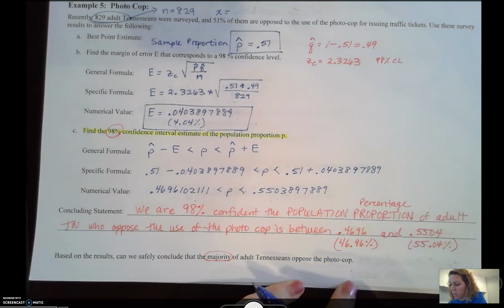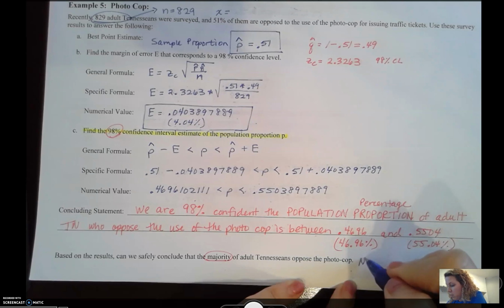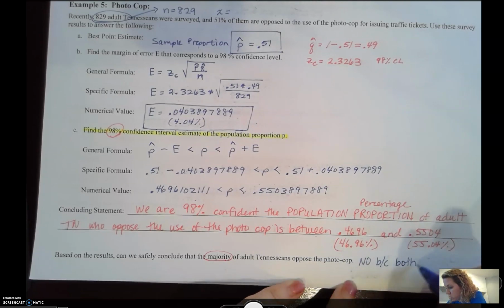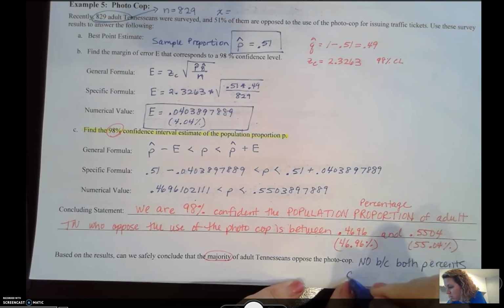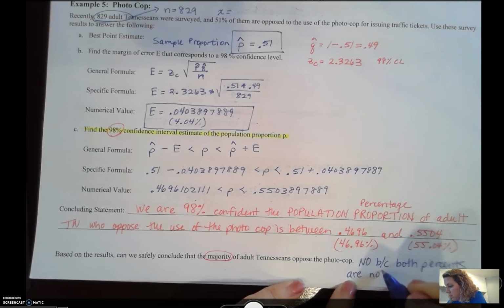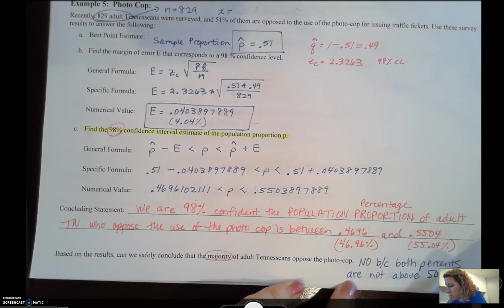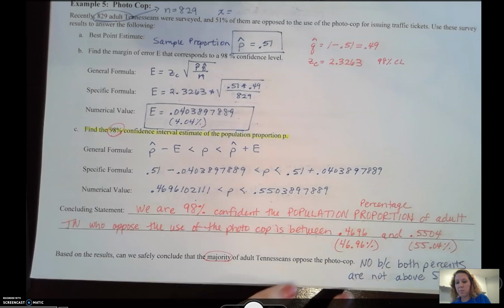Remember, majority means over half, or over 50% in this case. So we can't safely say, because both percentages are not above 50%. Or you can say that 46.96 is below 50%.